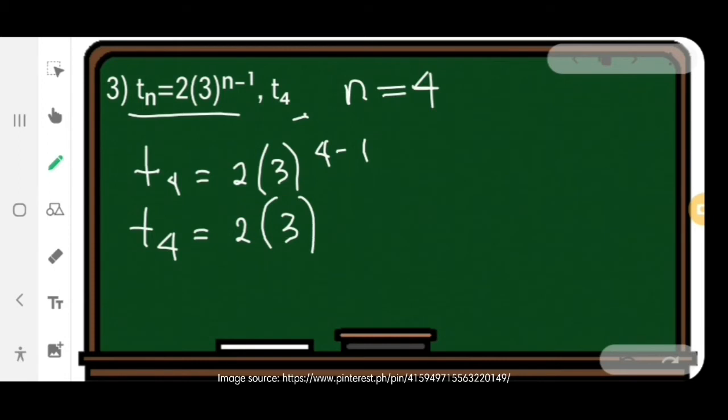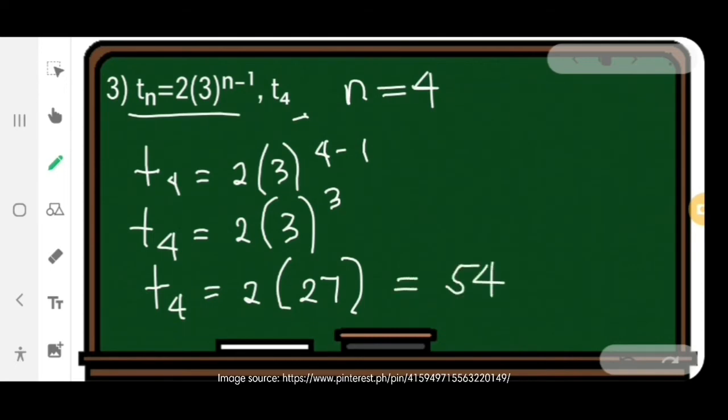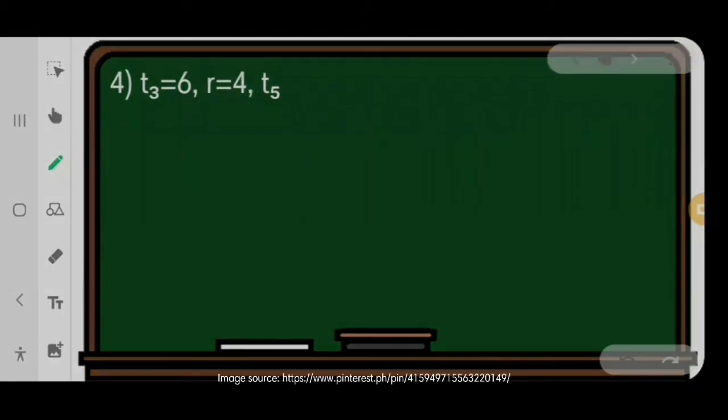So 4 minus 1 is 3. Then t sub 4 is equal to 2 times 3 raised to 3 is 27. Then multiply 2 times 27 is 54. That means the fourth term or t sub 4 of this sequence is 54.